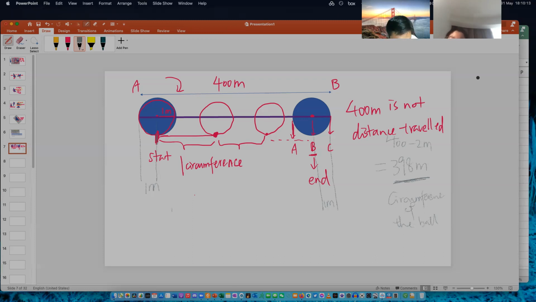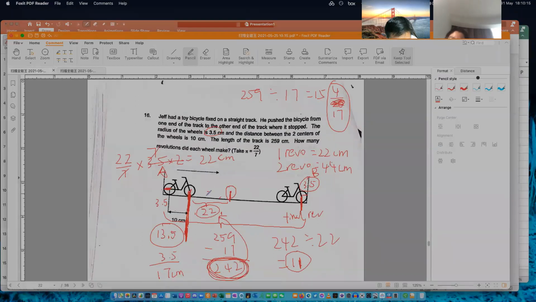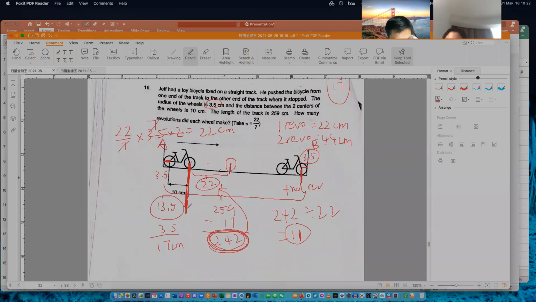Okay, so for this question, you need to find out the distance not traveled. So which two parts are not traveled? This part, 13.5 not traveled, and this 3.5 not traveled, right?